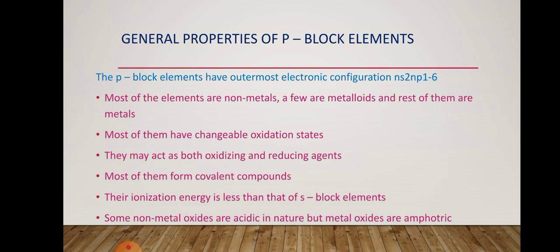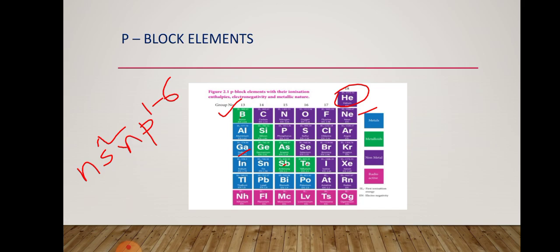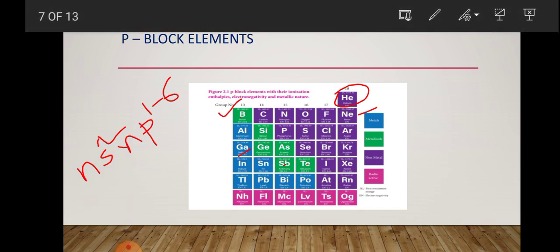If we look at the previous picture, please see here, the blue color elements represent metals. That means these are metals, and green color elements represent metalloids.